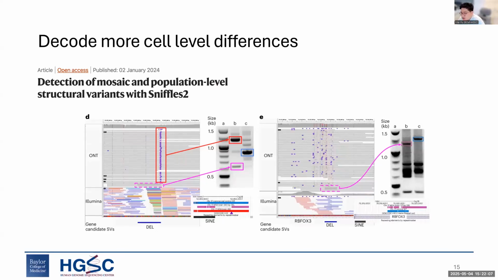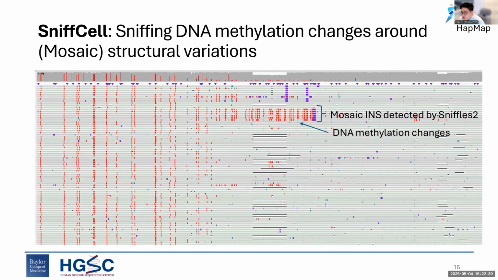With our lab's previous method, SniffCell, we showcased the capability of detecting mosaic structural variations in bulk sequenced human genomes. In this figure, we are seeing that with long-read bulk sequenced data, we are detecting mosaic insertions and deletions in tissues. However, we found those mosaic SVs without any cell type information, so the interpretation of those mosaic variants is actually limited. Then we naturally wonder if we can annotate those mosaic variants directly from bulk sequenced tissues.